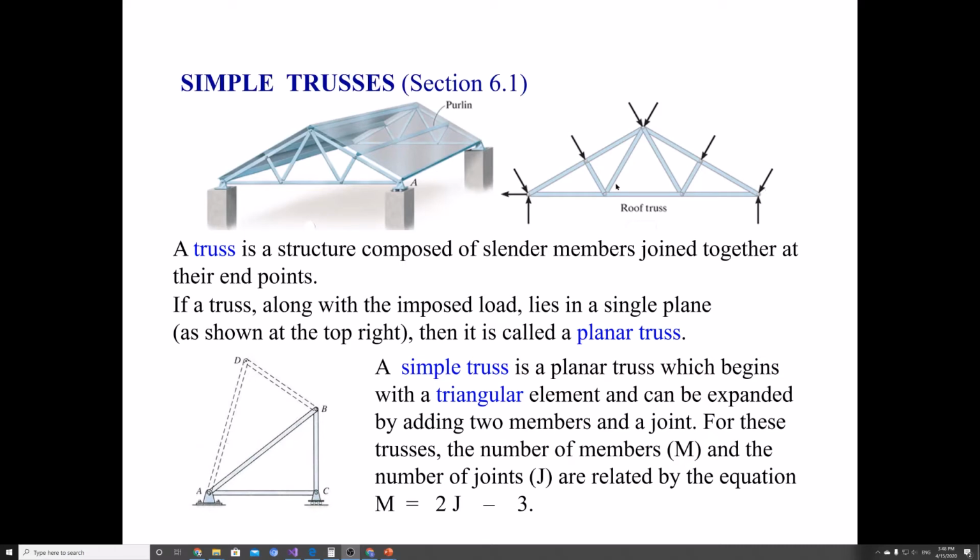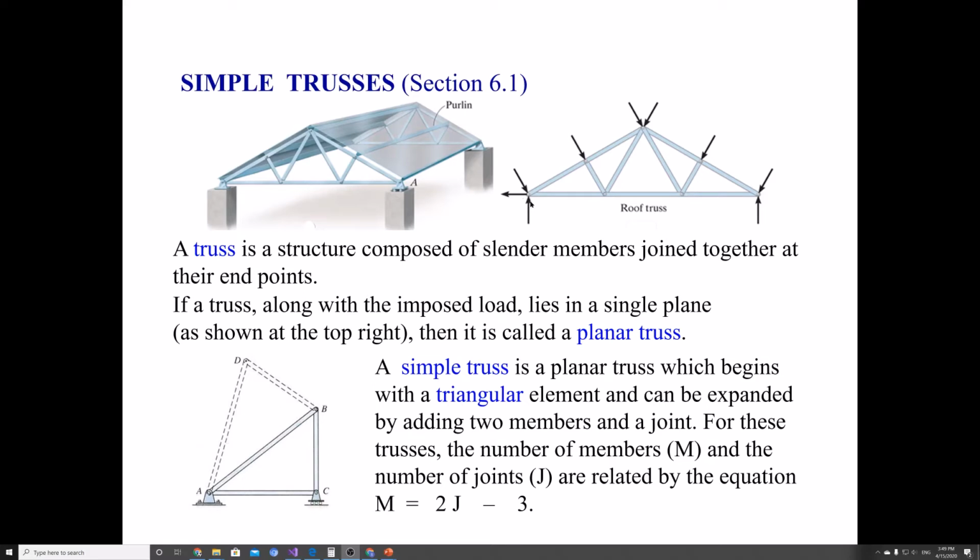In terms of the entire structure itself, these would be the external forces acting on it, okay? Let's say this force and this force are the reactions associated with it.